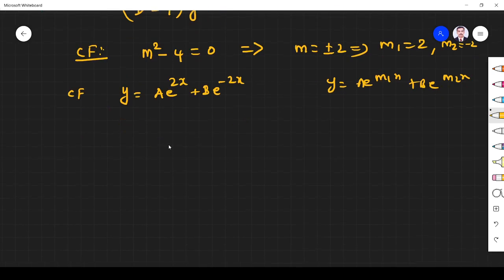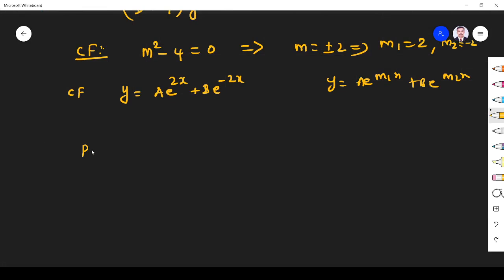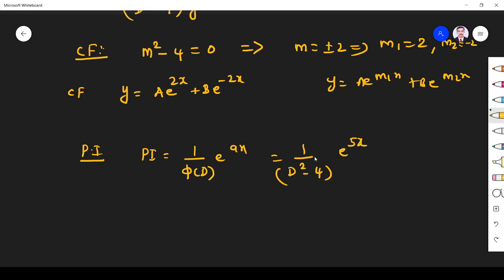Next, we have to find the particular integral. The particular integral is given by PI is equal to 1 by φ(D) e power ax, as I told. Here φ(D) is D squared minus 4, and e power ax is e power 5x. Next, you replace D by a, so 1 by 5 squared minus 4 becomes 1 by 21 e power 5x.